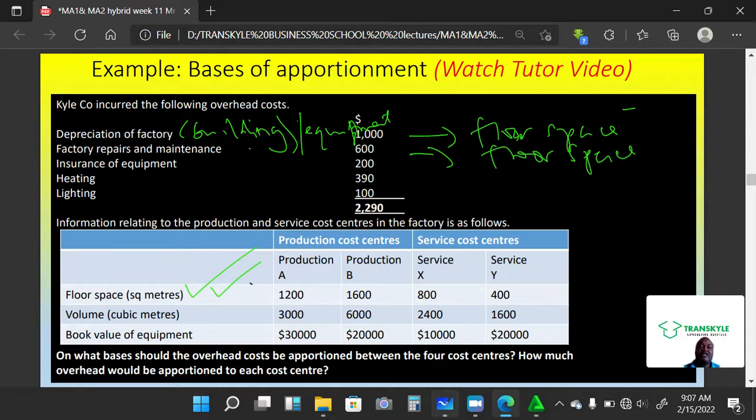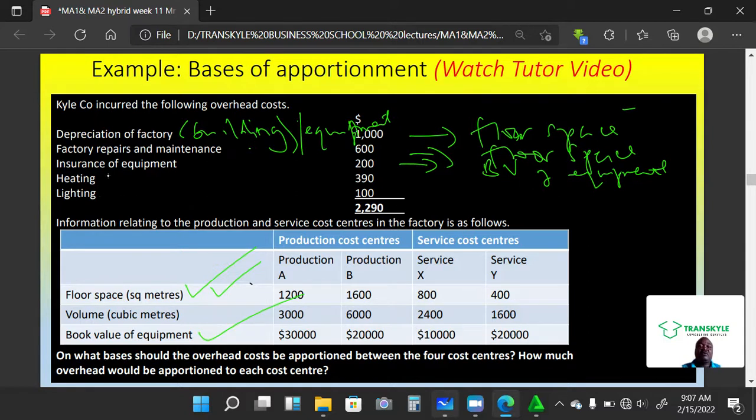All right, what about the insurance of the equipment? Here I suggest the book value of the equipment. There are some overheads which are very obvious, but sometimes some are not obvious, and you just have to use your judgment, some reasoning.